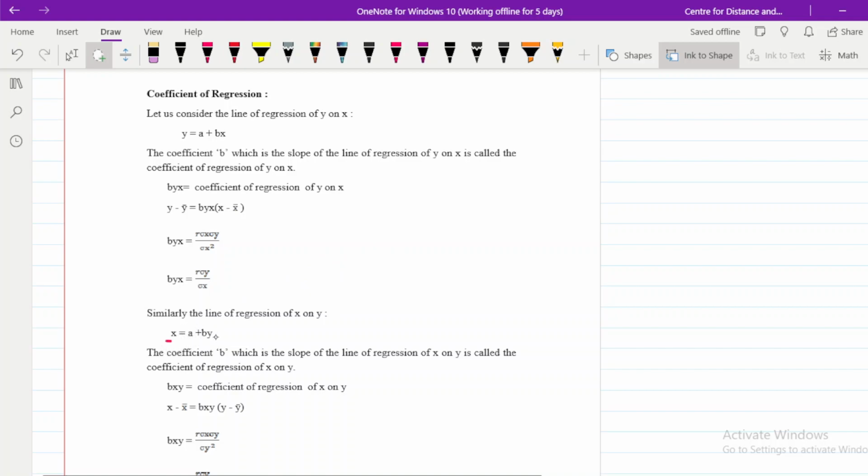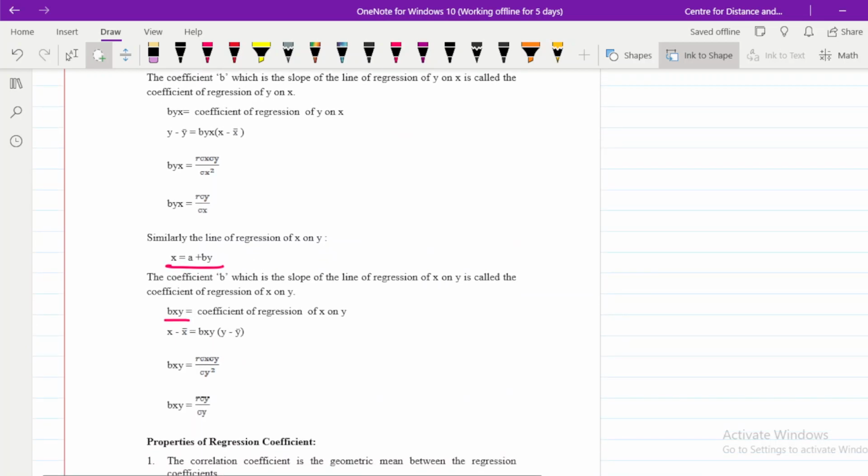And the line of regression of x on y is x is equal to a plus by. The coefficient of regression of x on y is bxy.